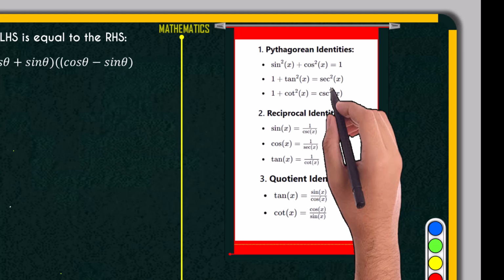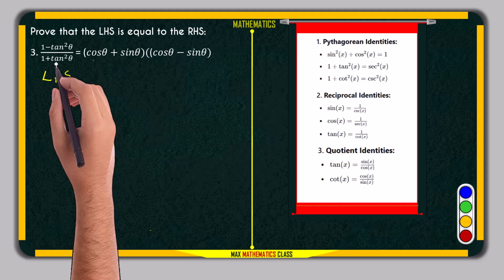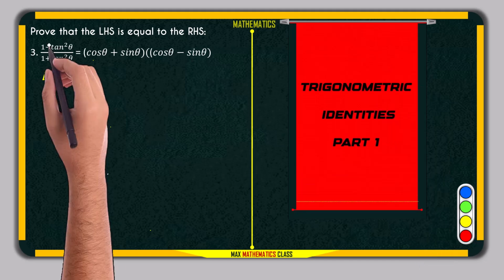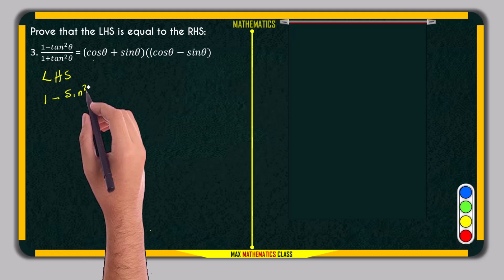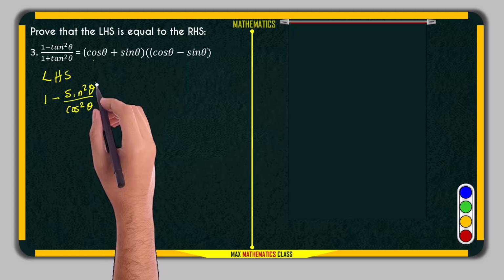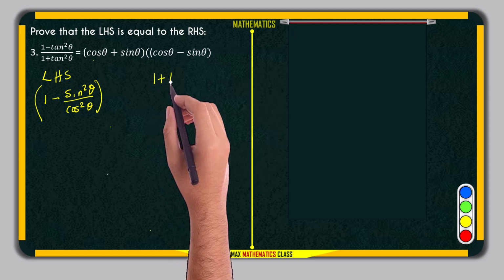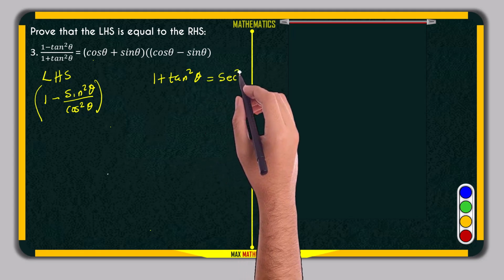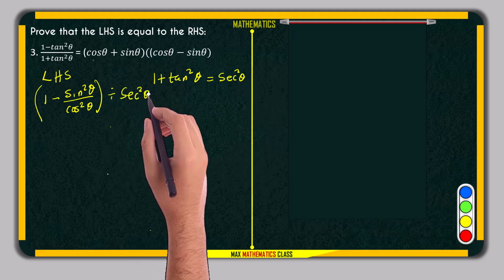So if you check this number 2 here, it is the same thing as the denominator here. So we are going to rewrite this numerator here as 1 minus sine square theta over cos square theta, to be divided by 1 plus tan square theta, which is equal to sec square theta. So we are going to divide here by sec square theta.